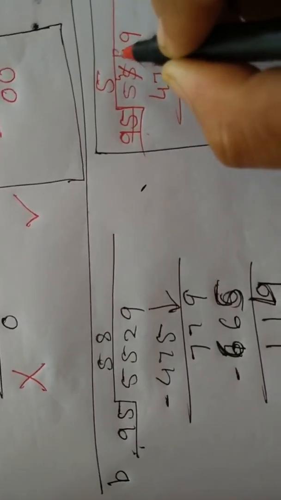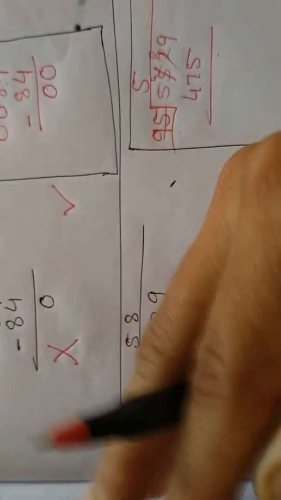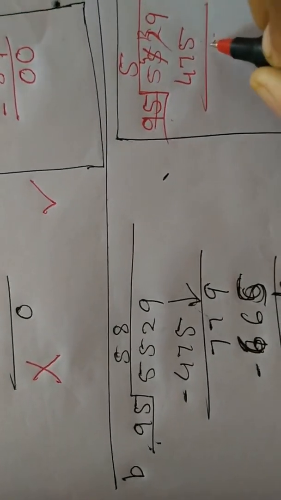Cut 2, write here 12. 12 minus 5: 12 on your finger, count 1 to 12, cut 5. Remaining number is 7. So we have to write here 7.